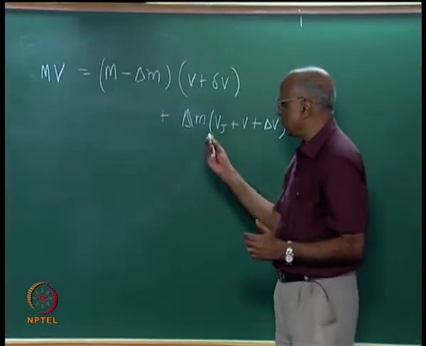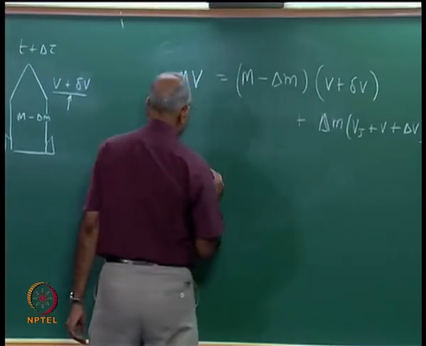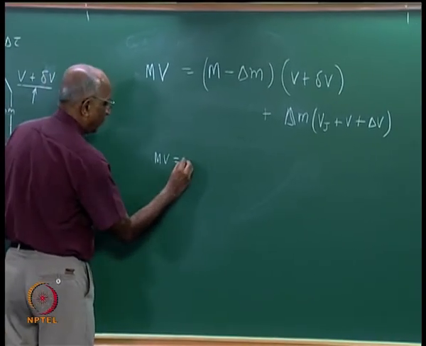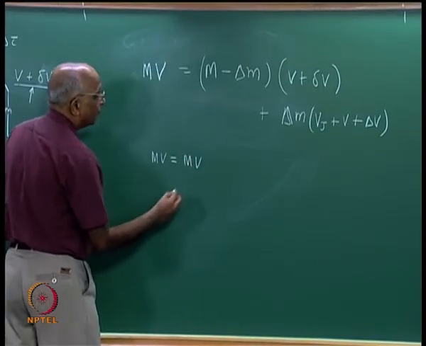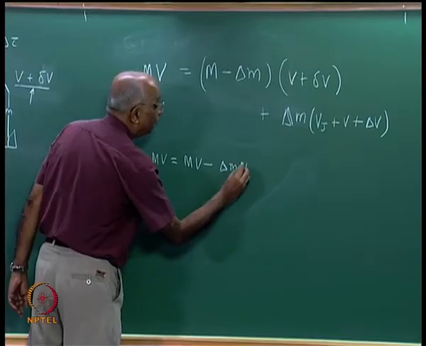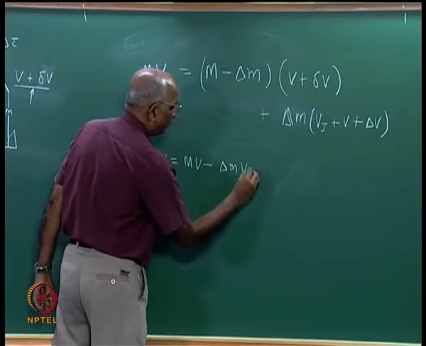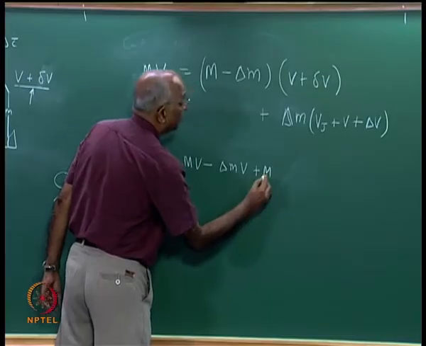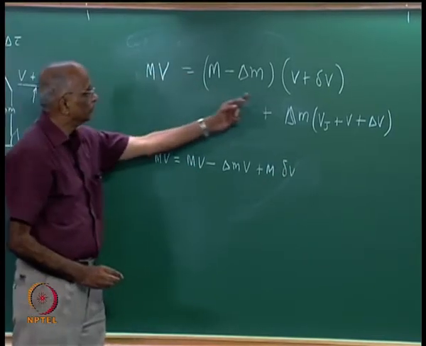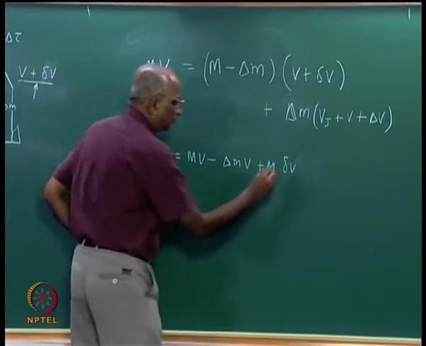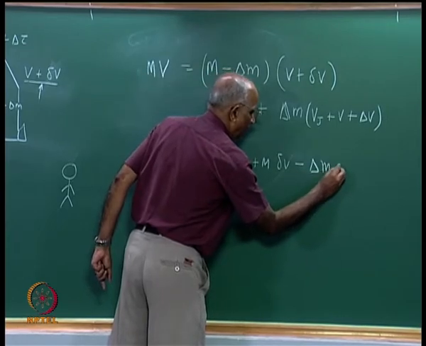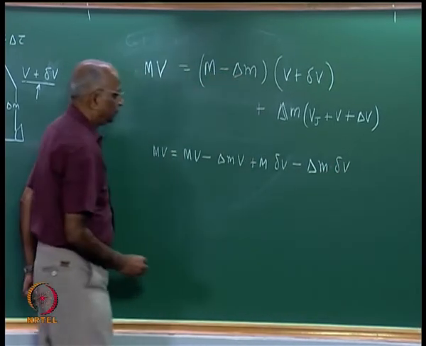If it is all right, let's simplify it. What do we get? Therefore, Mv is equal to Mv minus delta m into v, then I get plus M into delta v, minus delta m into delta v.